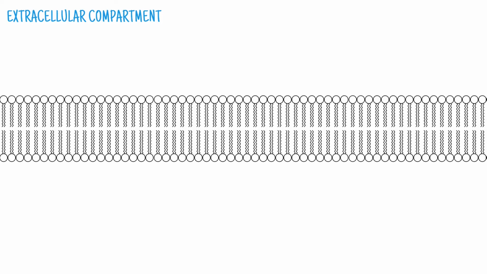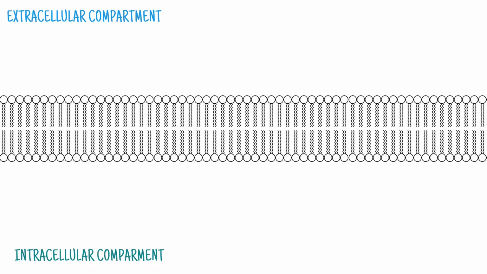To understand it, let's imagine a cell which is separated from the extracellular environment by a membrane. Just to remind you, extracellular means outside the cell, intracellular means inside the cell. What's very important is that the composition of extracellular and intracellular fluid is very different.